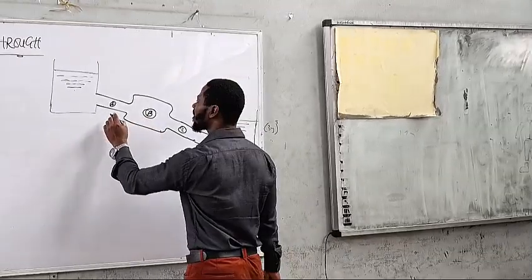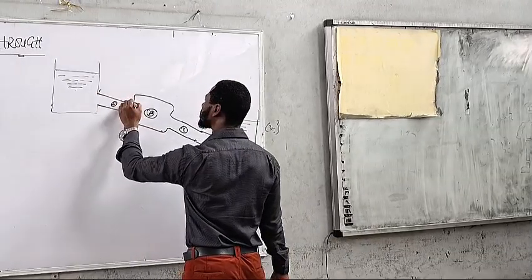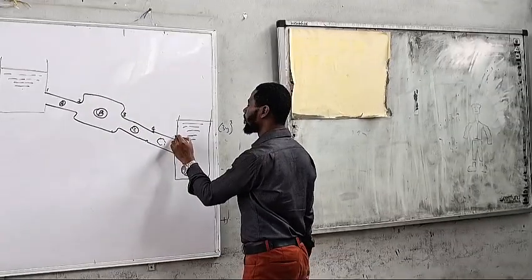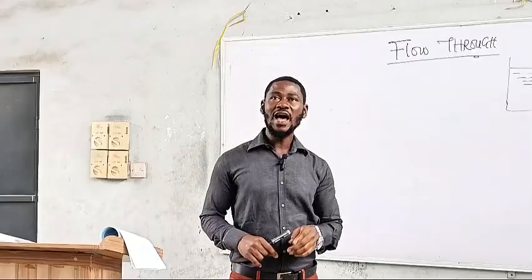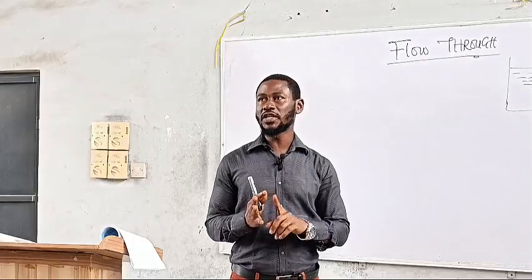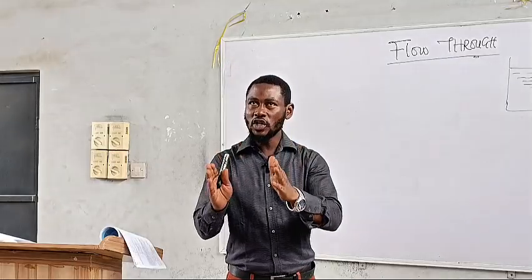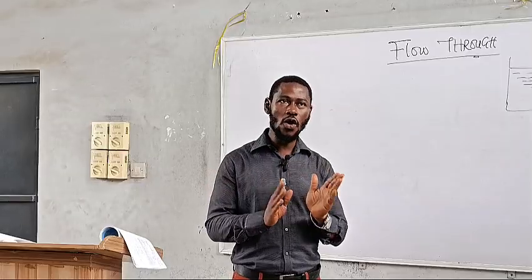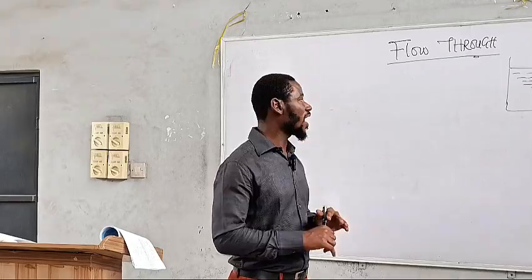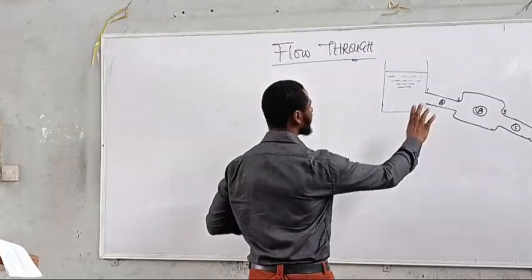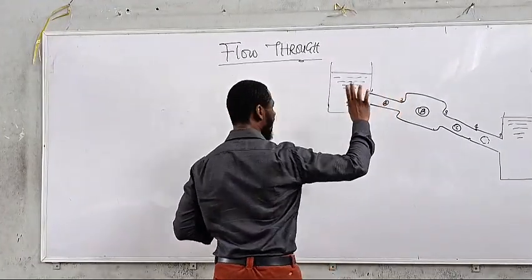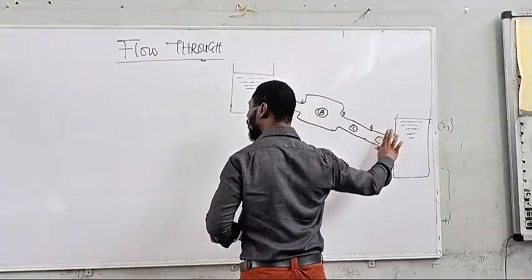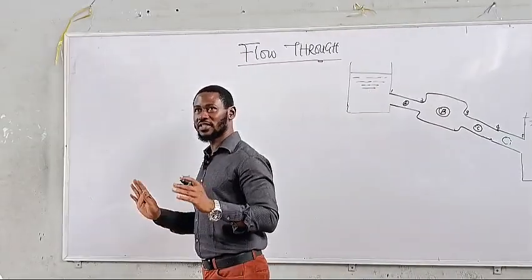Let's name the points 1, 2, 3, 4, then 5. At this level, we are going to consider 2 key things: the major head losses in the pipe as well as the minor head losses that occur in this pipe. For the first pipe, which is pipe 1, then pipe 2, pipe 3, pipe 4, what are the major head losses that occur?